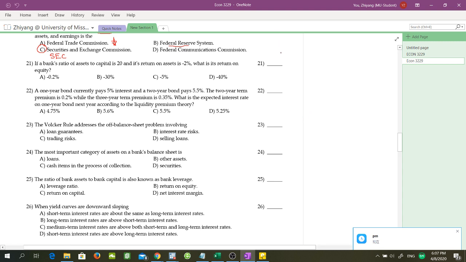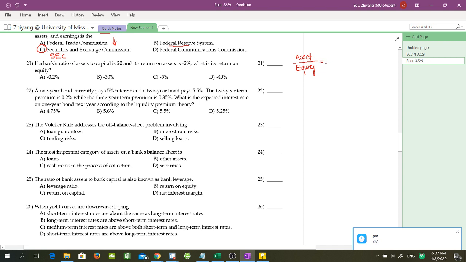My trick about these questions is that I'm going to write everything out in a fractional format. For example, bank's ratio of assets to capital, I'm going to write it as asset over capital. Since we're using return on equity, and equity and capital are the same thing, I'm just going to put equity over here.